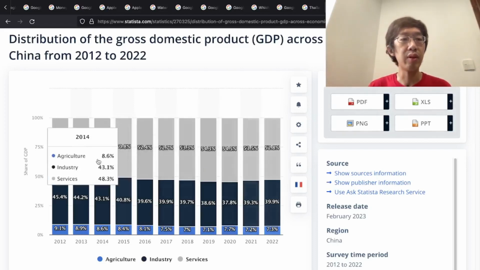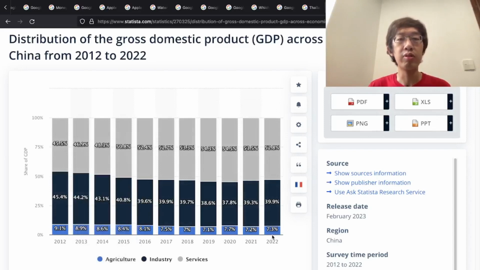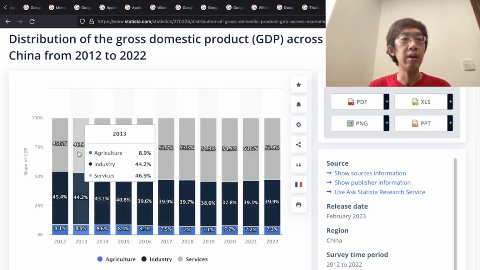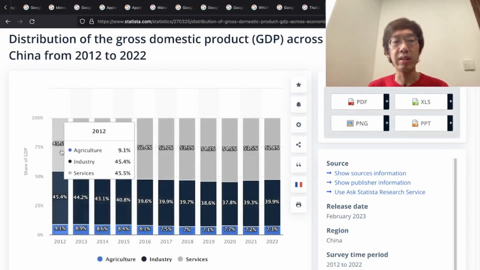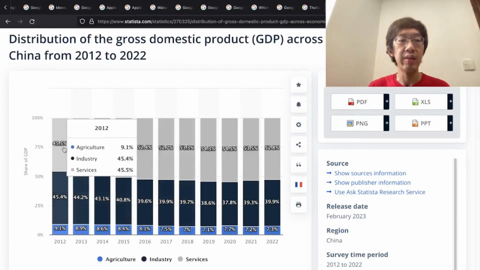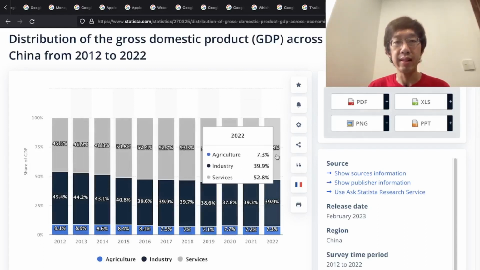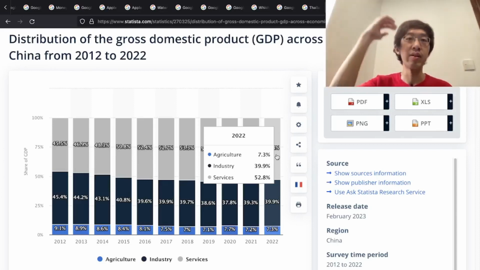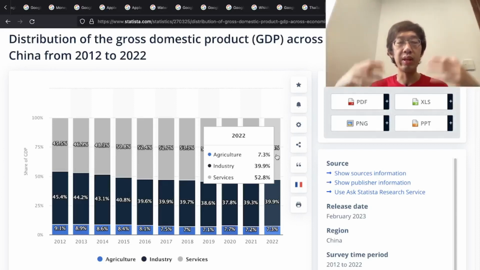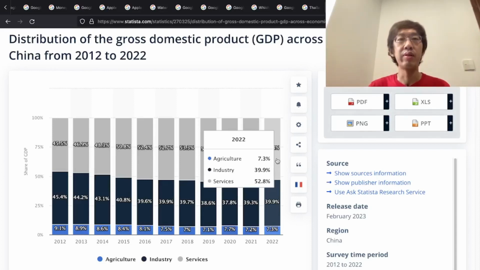If you look from 2012 to 2022, agriculture and industry, their share has been decreasing against services, because China has been trying to move away from manufacturing to the high-end industry of services so that they can get more money for their labor. You can see services are going to have more contribution to the Chinese economy.